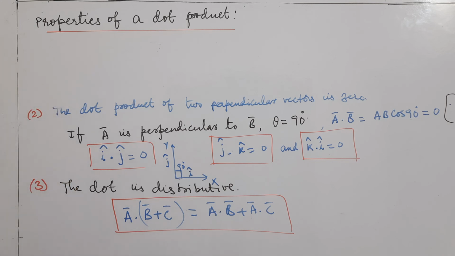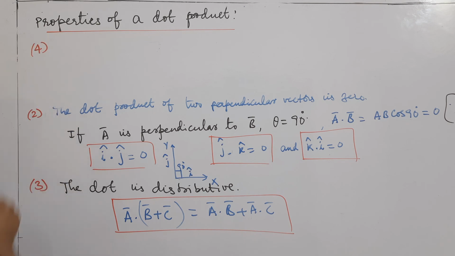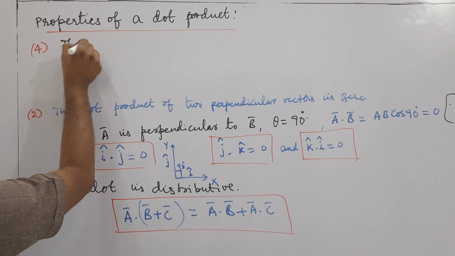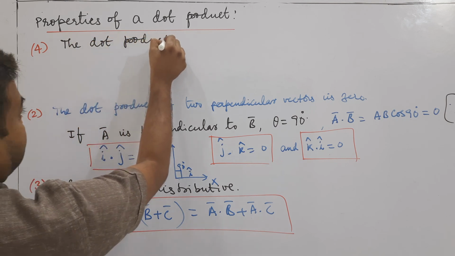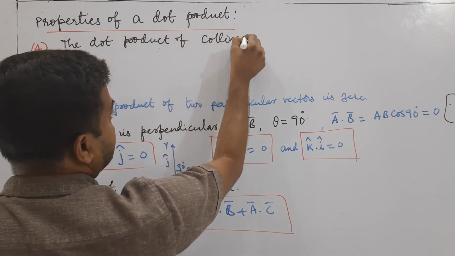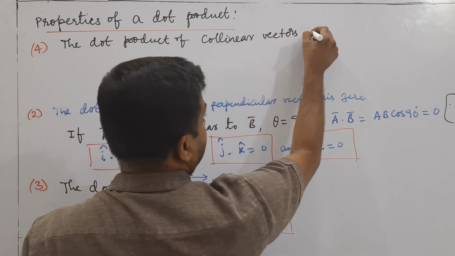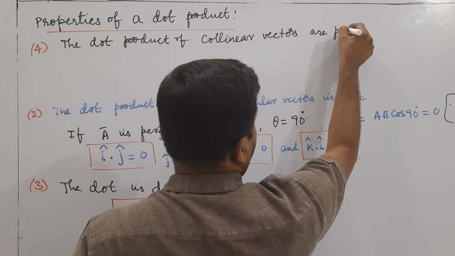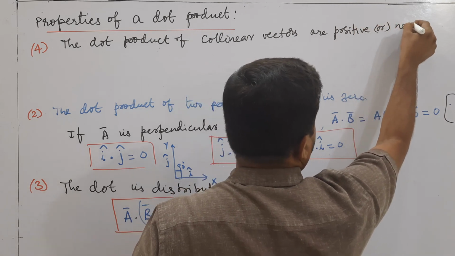Fourth property I will write: the dot product of collinear vectors is positive or negative.